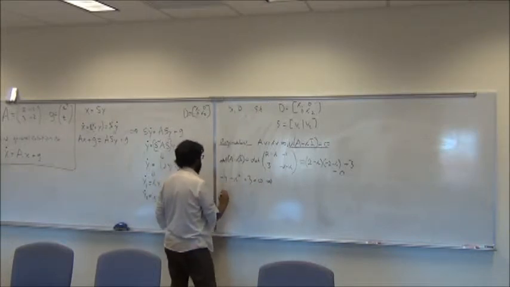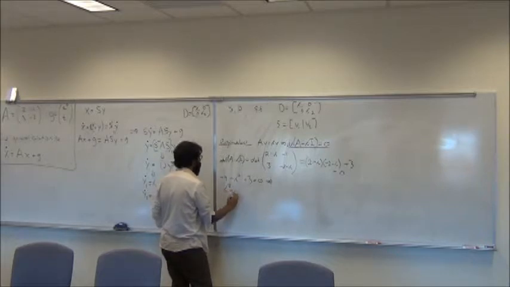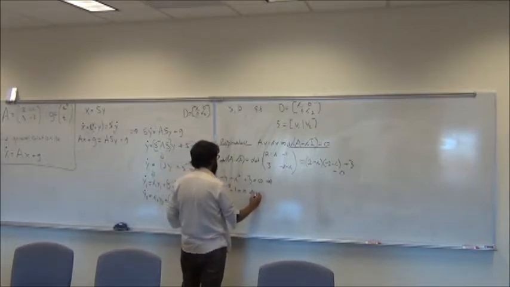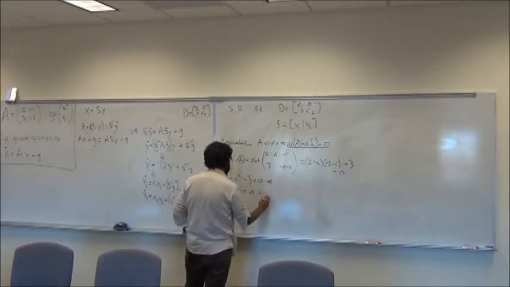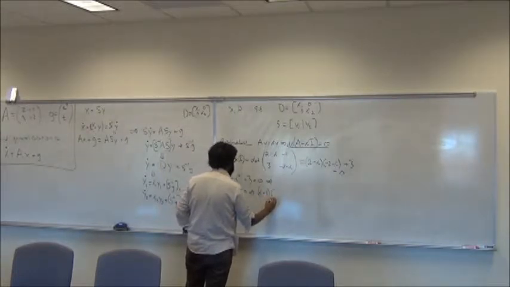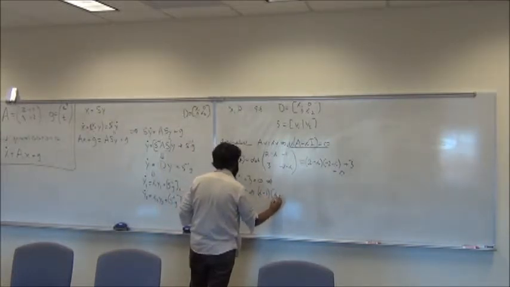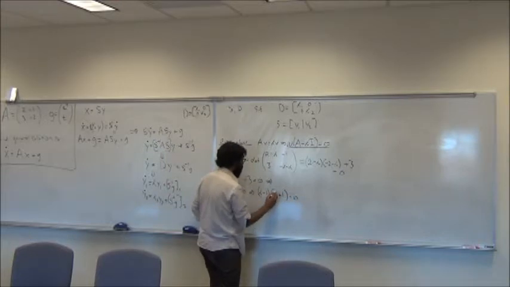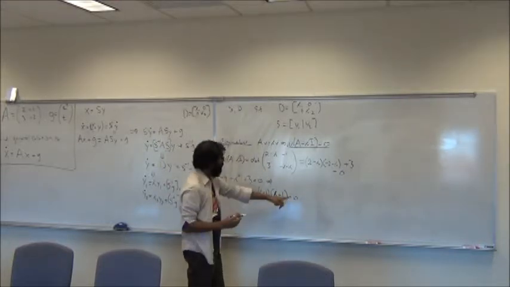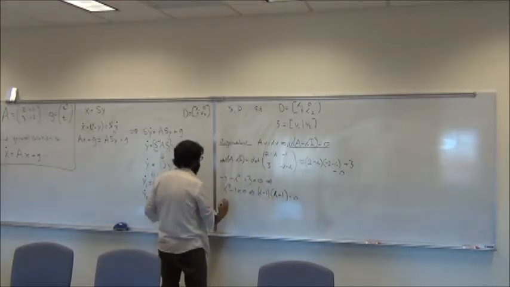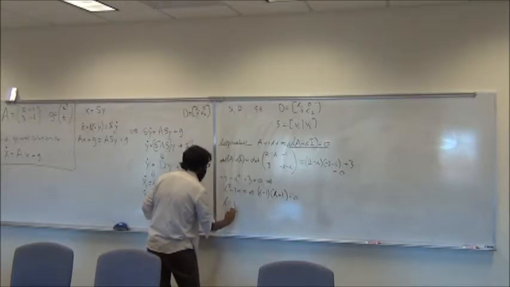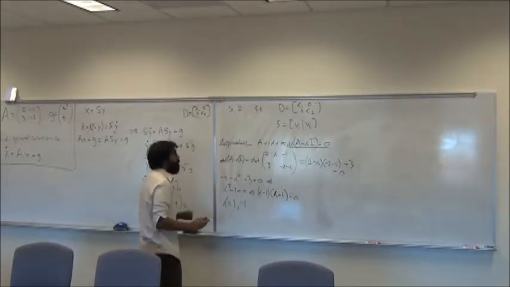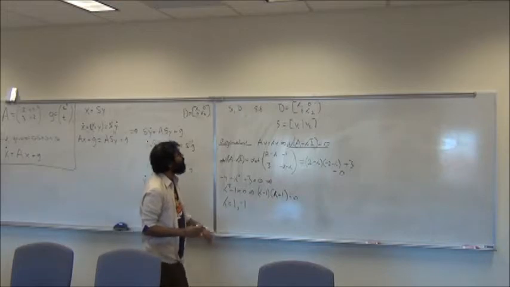We can combine this. This becomes lambda squared minus 1 equals 0, and that tells us that lambda minus 1 times lambda plus 1 is 0. And now we have the solutions. It can be 1 or minus 1. Okay, so these are our eigenvalues of A.